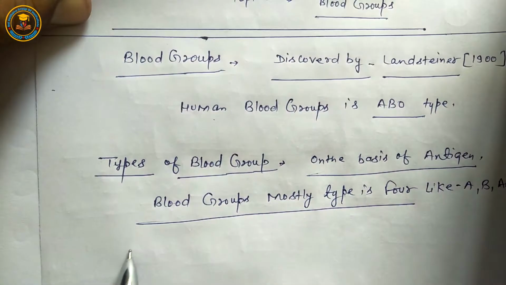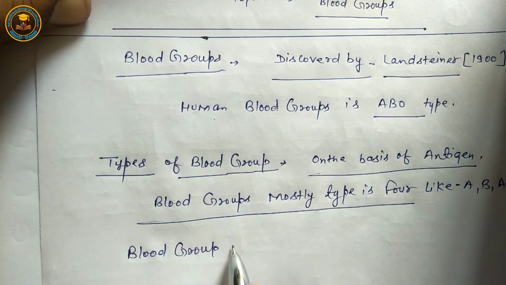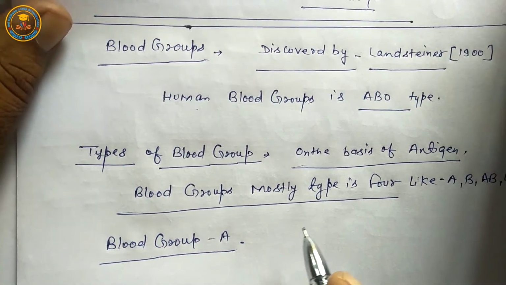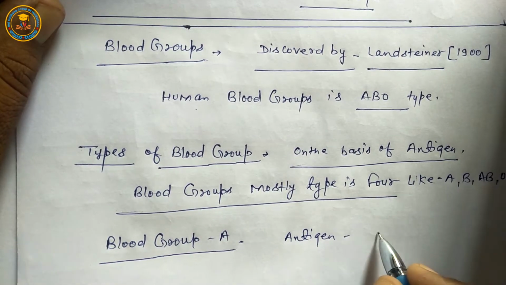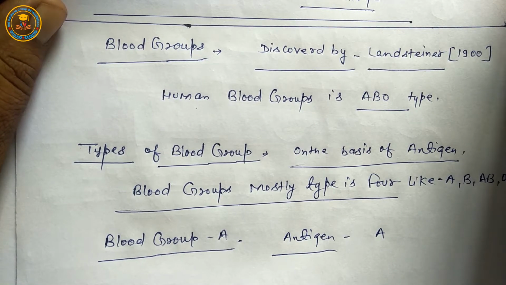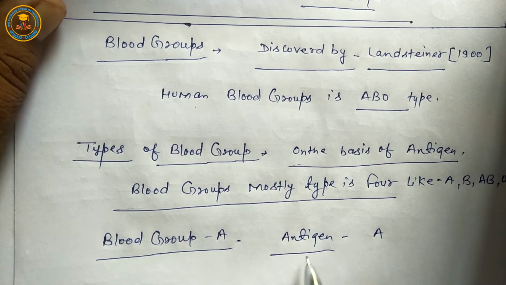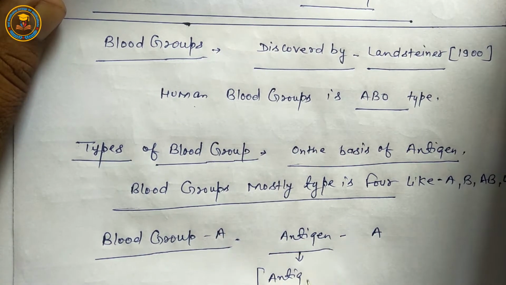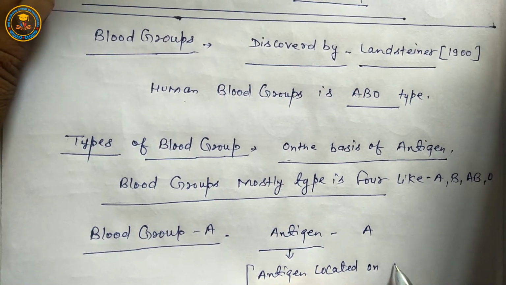First of all, blood group A. In this blood group, first is antigen A. It means blood group A people have antigen A. Next, students, antigen is located on RBC surface.